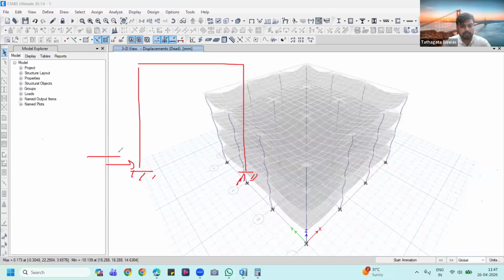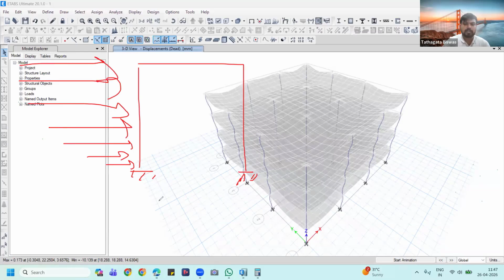It is getting bigger at the top because the maximum responses are at the top. These are F1, F2, F3 and so on, and the total is the summation of F. This is the value that we generally get in the case of static distribution.